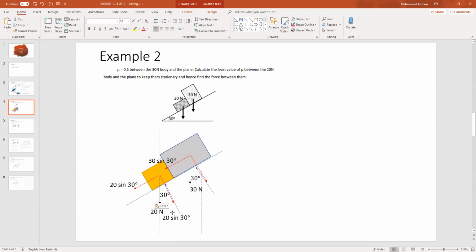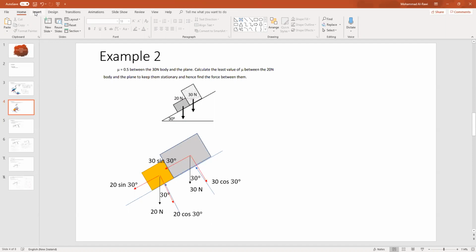This one is 20 cosine 30 degrees. And the other one is 30 cosine 30 degrees. So I'm just pulling all the information as much as we can from the free body diagram.